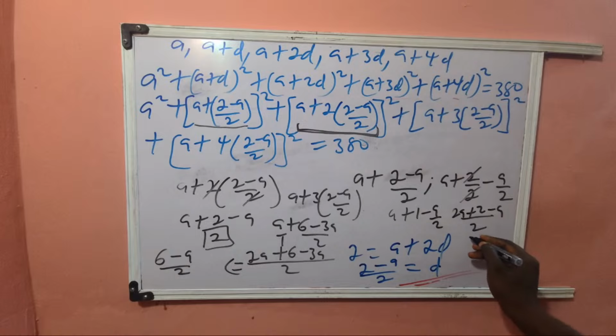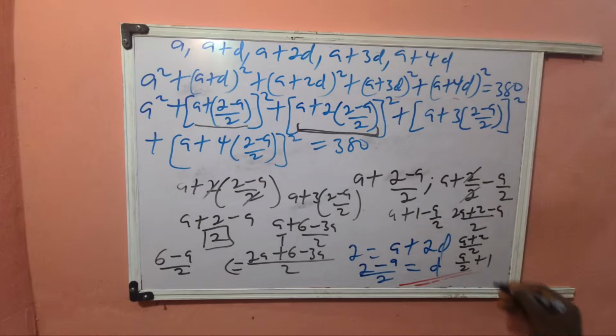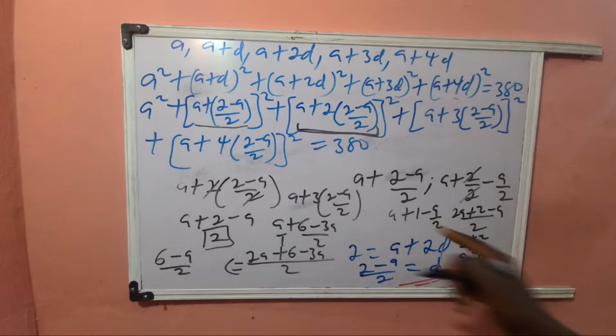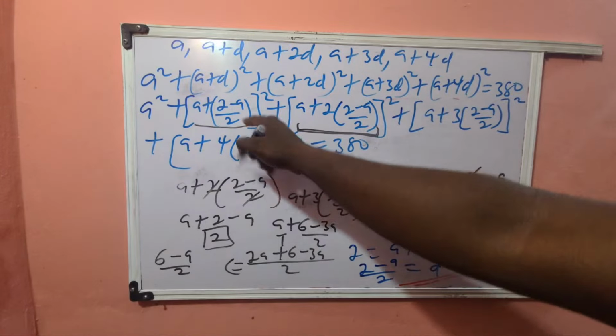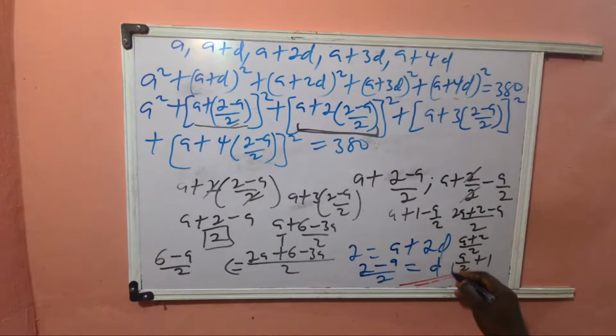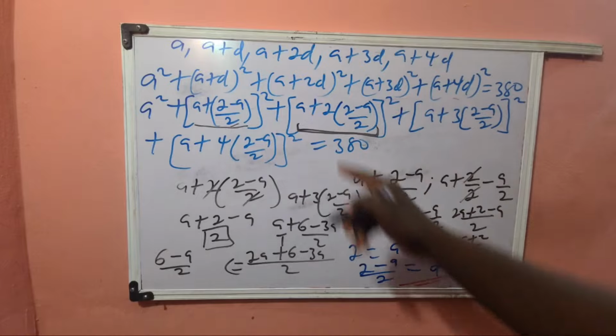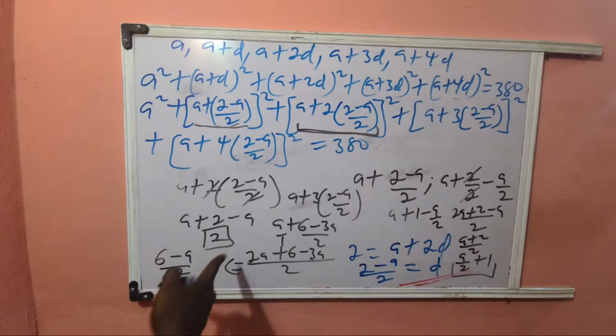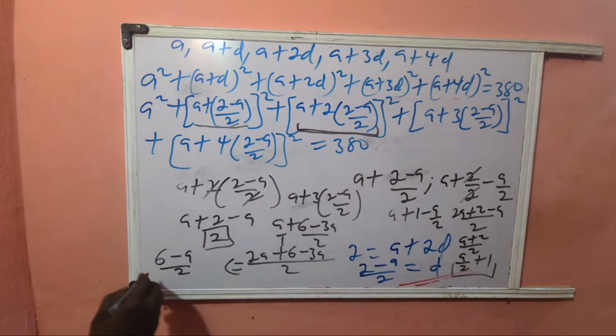So that will be a plus 2 over 2, that will be a over 2 plus 1. So for the very first one, let's try and catch this up together. For the very first place, this one here, this is what we'll be fixing inside: a over 2 plus 1. For the second one, we got the value of 2. For the third one, we got the value of 6 minus a over 2.